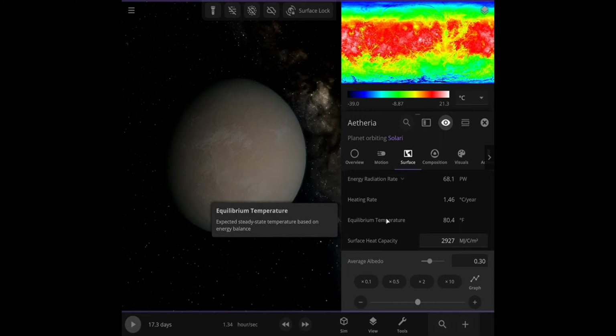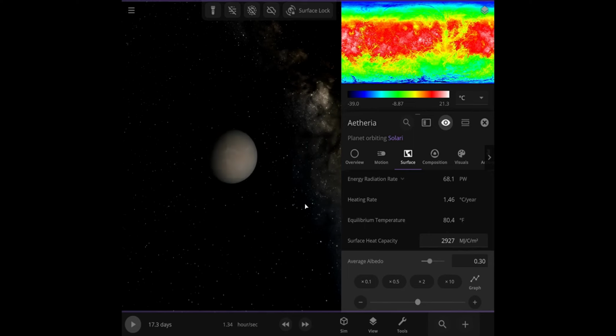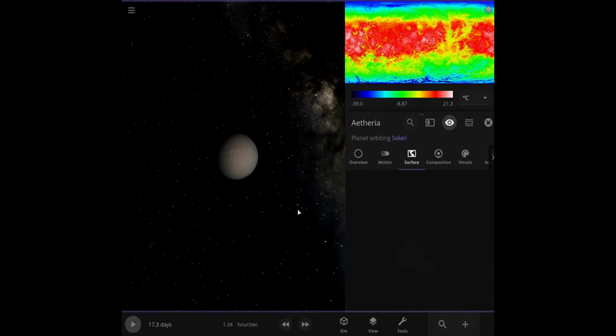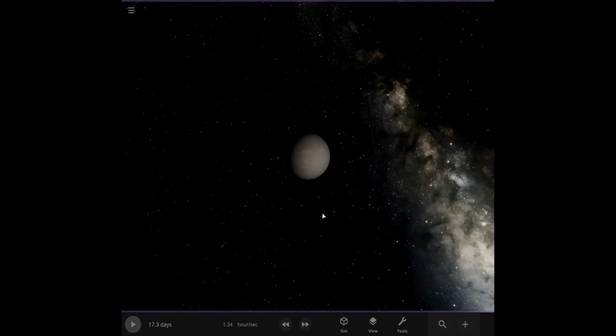But that's not it, because Etheria also has moons, which if I go down here, I don't really have the names of these yet, but I will eventually, but for now just wait a bit.